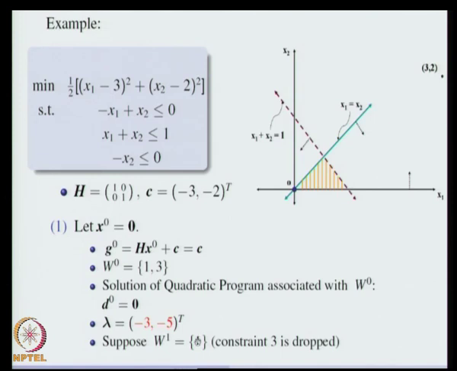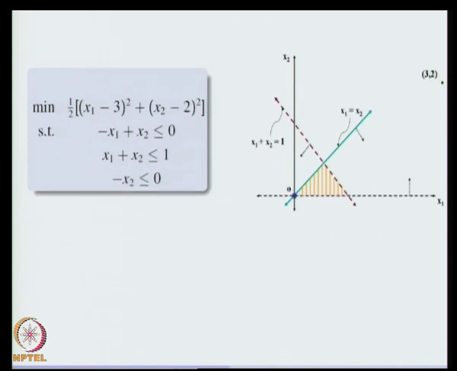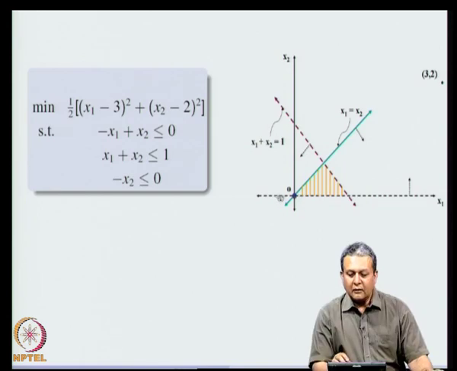If we retain that constraint, for the next iteration our point x 1 will still be the same, but now we will be working with W 1 containing only the first constraint, and this is shown here. As you see, the third constraint is shown by a dotted line, which means that it is not an active constraint.